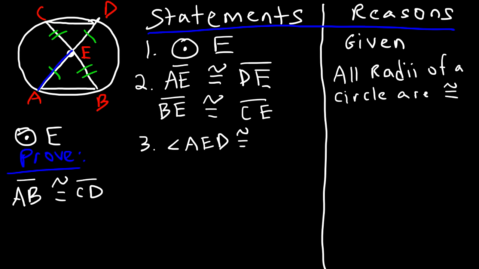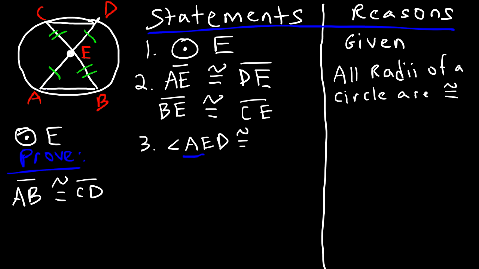So this is AEB. And we know that it's congruent to this angle. But how should we call it? Should we say it's angle DEC or CED? Think about it. Well, let's find out. So A matches to what letter? Does A match C, D, or E?